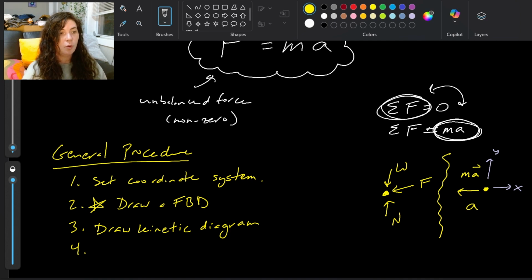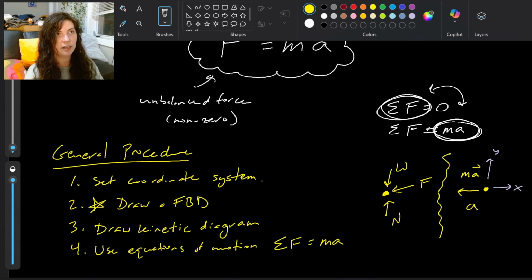Next, we're going to use our equations of motion. And what these really boil down to is just going to be sum of forces equals mass times acceleration. But this does work just like statics.